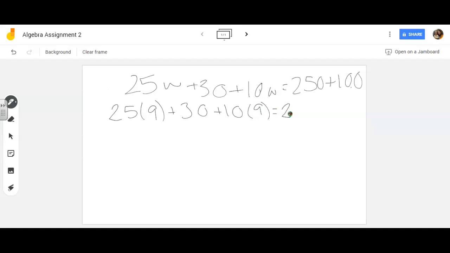I think he's going to be close, but I don't think he's going to be able to get it. So let's take a look. So 25 times 9, what did we say that was? 225 plus 30 plus 90. Oh no, he is good.